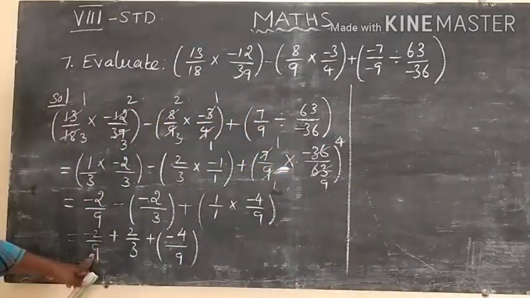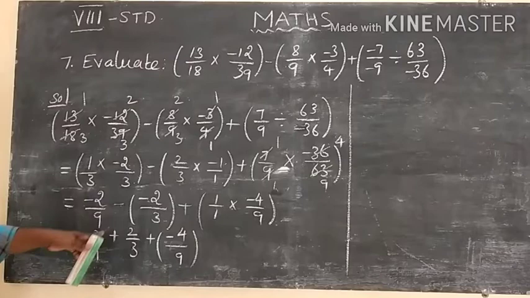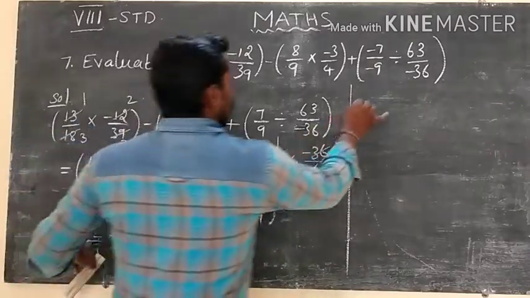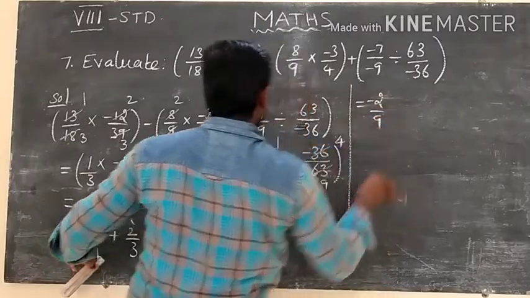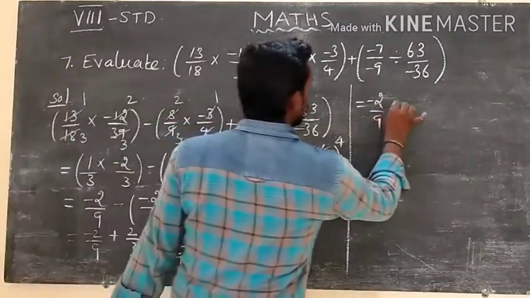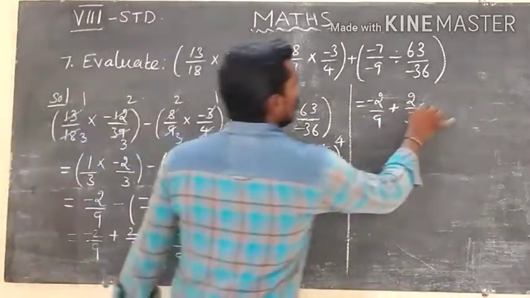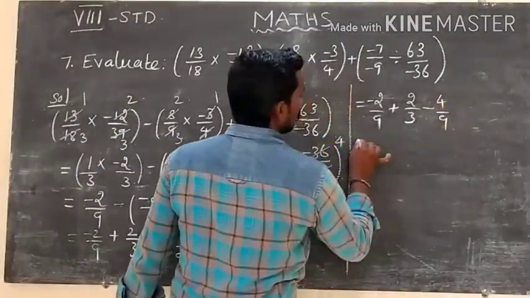I understood the simplification. This all is using the cancellation. Okay, then minus 2 by 9 plus 2 by 3 plus into minus, minus 4 by 9.